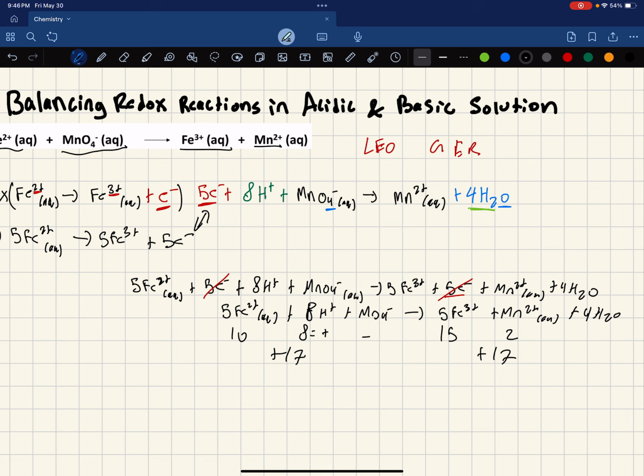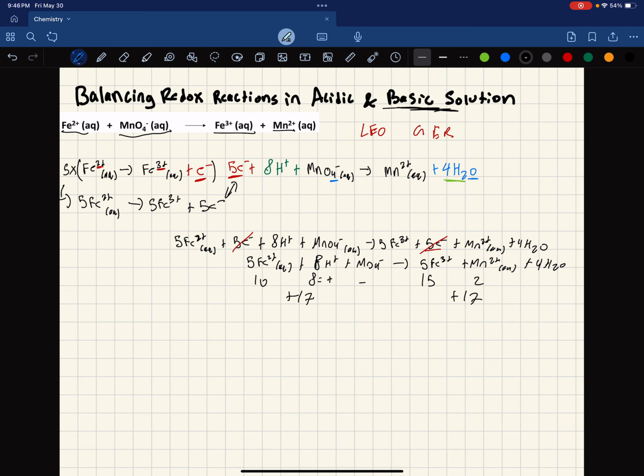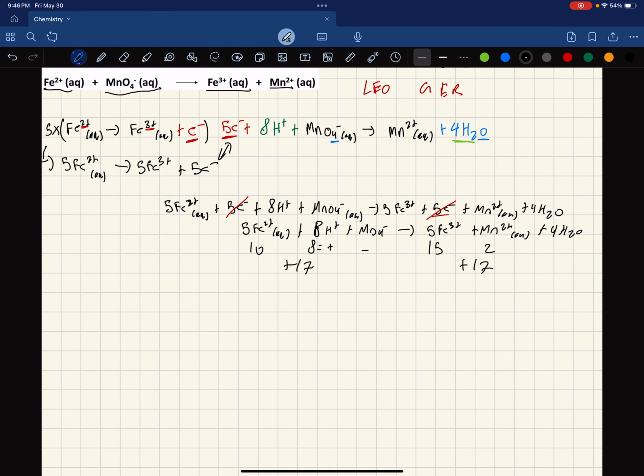Now, for the basic solution, it's all the same 5 steps as for acidic. But then what do we do next? We add a number of hydroxide ions equal to the number of H plus. So let me write this down again.